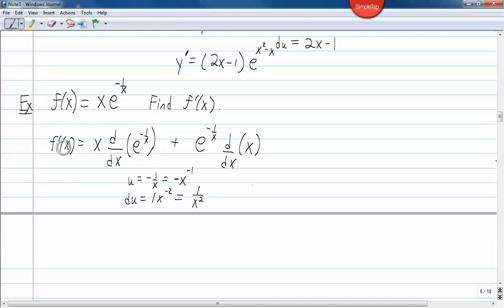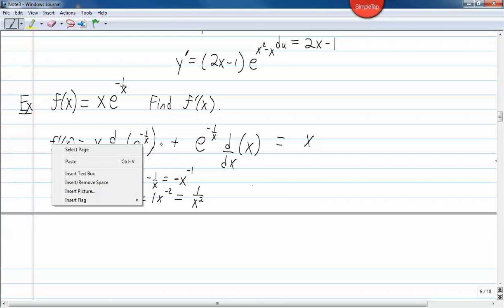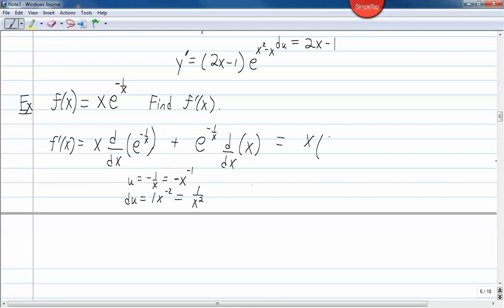Alright, so now we can finish this derivative because the other derivative we take is pretty easy. So this first term here is going to be x, and then what's the derivative of this thing? It's going to be 1 over x squared times e to the negative 1 over x. Right? It's the derivative of the power times the original.